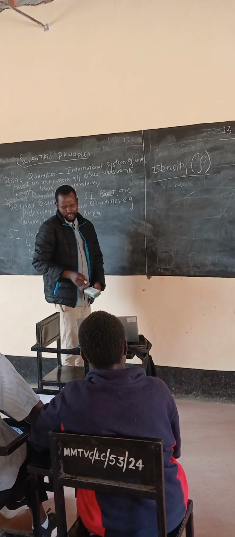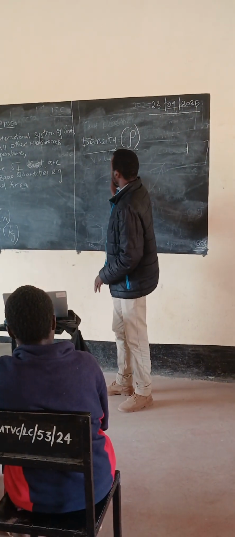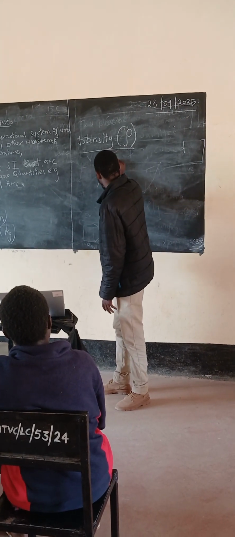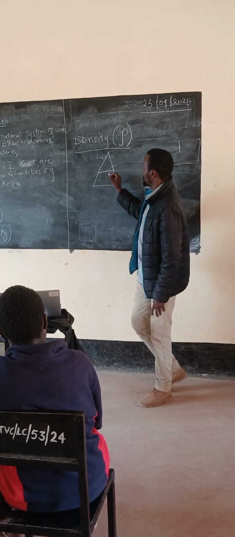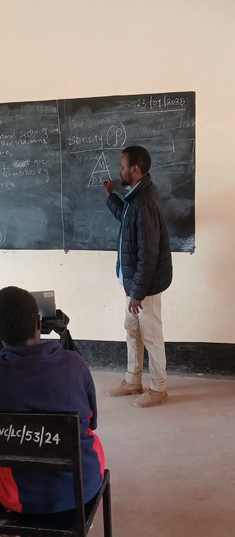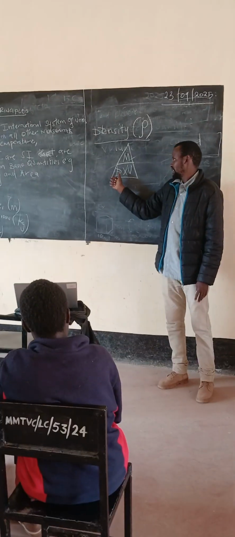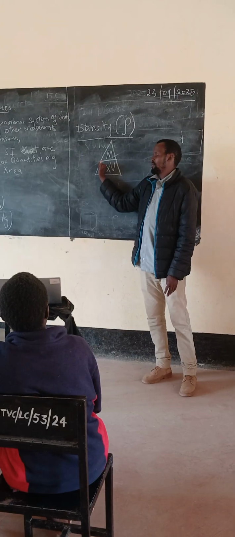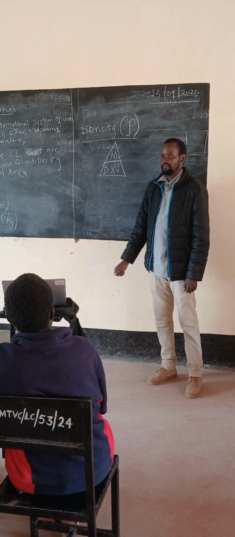Now, mass, volume, and density are actually related. So you draw a triangle like this, then you cut it in the middle, you put mass at the top, density below, then cross volume. Okay? So when you are asked to find the density, you cover D, which is mass over volume.